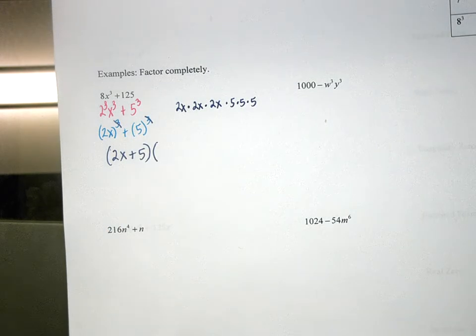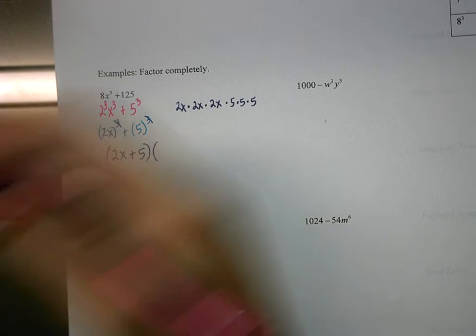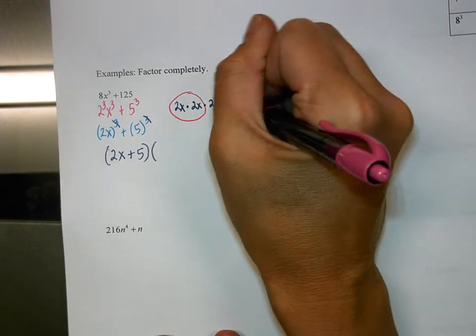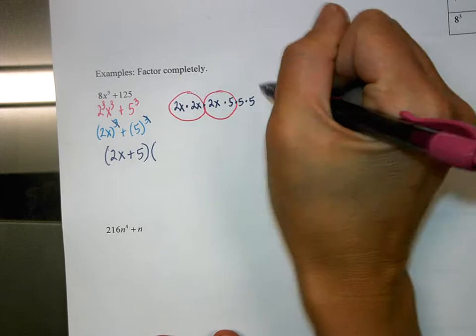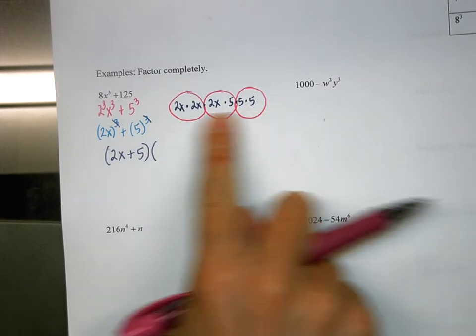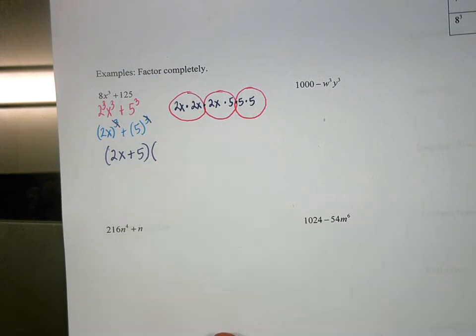And then you're going to go through and you're going to group each of them in 2s. So what I mean by that is those are my first 2 terms, my second 2 terms, and the last 2 terms. These 3 sets are the 3 terms that go in the second parenthesis.